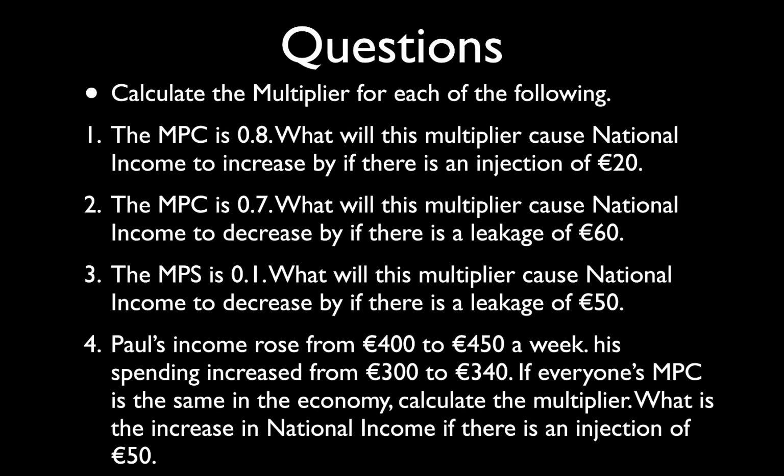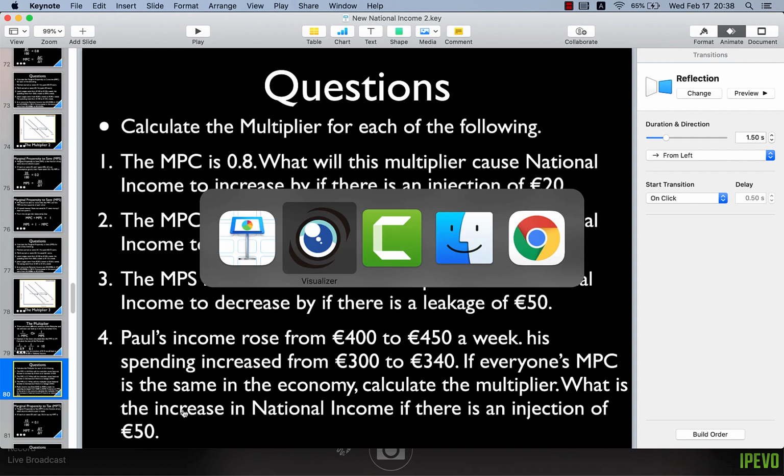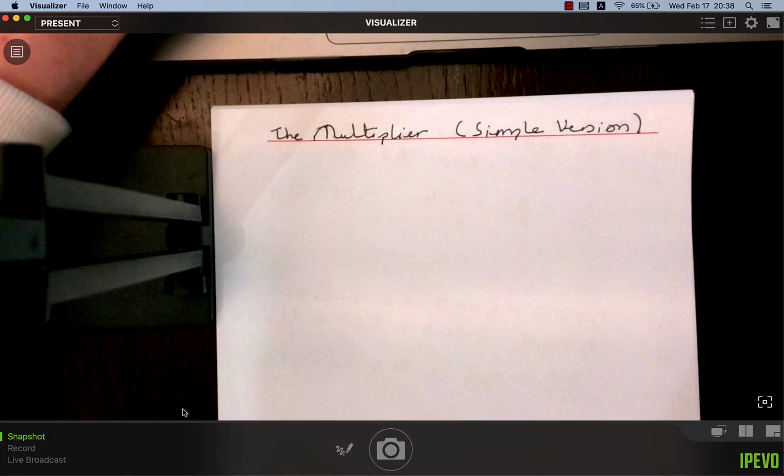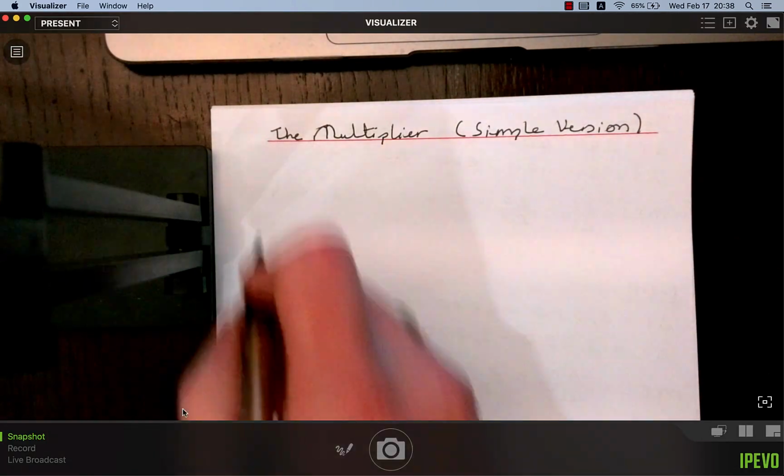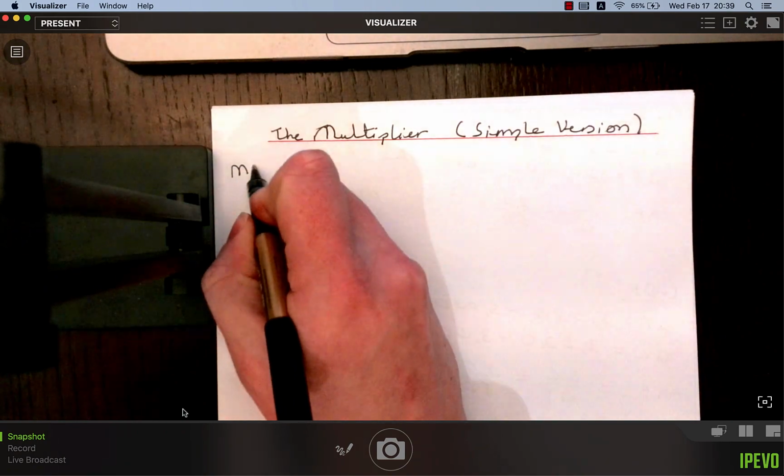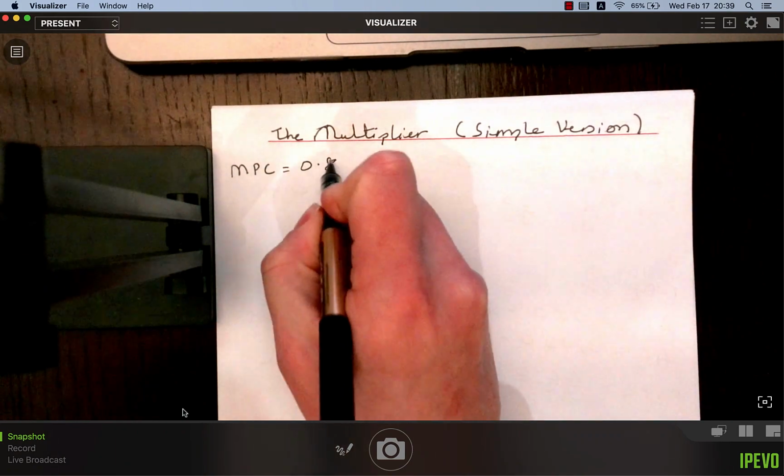Now, having a look at this, I would take a photo on your phone or something like that, and we'll have a look at this using the document camera. So the first one, the MPC is 0.8. It asks us to find the multiplier.